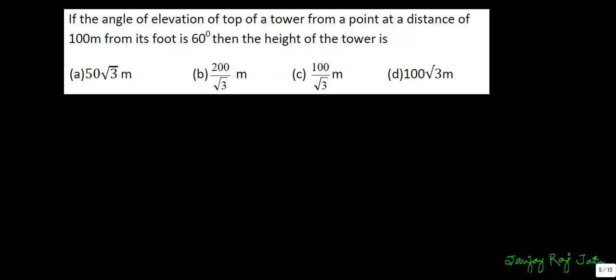The angle of elevation of a top of a tower from a point at a distance of 100 meter from its foot is 60 degrees, then the height of tower is.